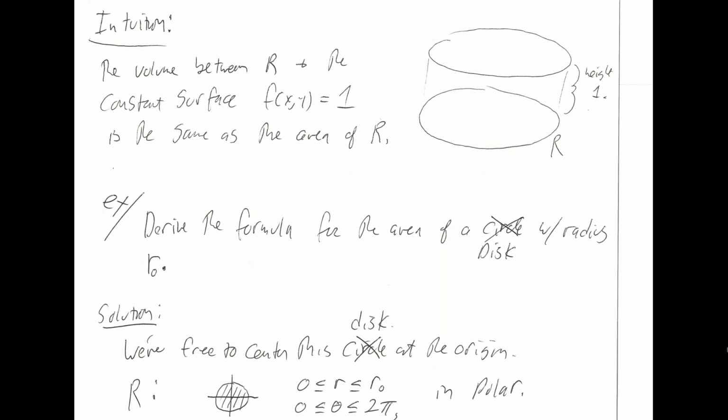So the intuition as to why this theorem works: if you have your region R in the plane here, and you take a constant function 1 across that region, this is just a height 1 above. The previous theorem that we had for calculating volume says that the volume of this region is going to be given by the integral of 1 over that region.